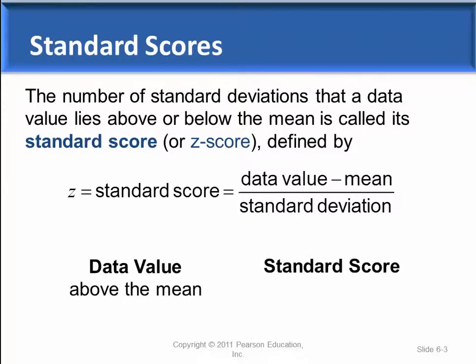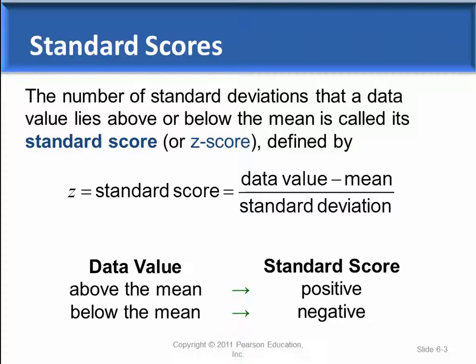Now when we do this, we're going to find that we could have two possible signs on our standardized score. If the data value is above the mean, then the standard score is going to be positive. If the data value is below the mean, then our standardized score is going to be negative. So just from the sign on the standardized score, we'll be able to tell whether that person performs above or below the mean relative to their population.